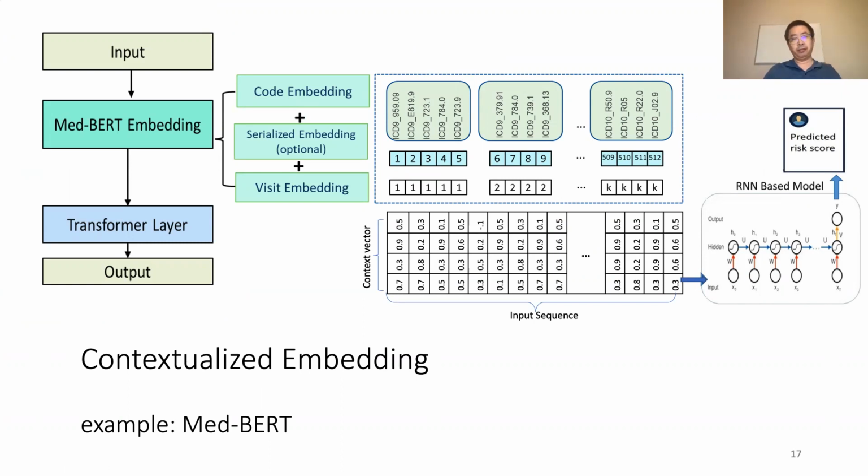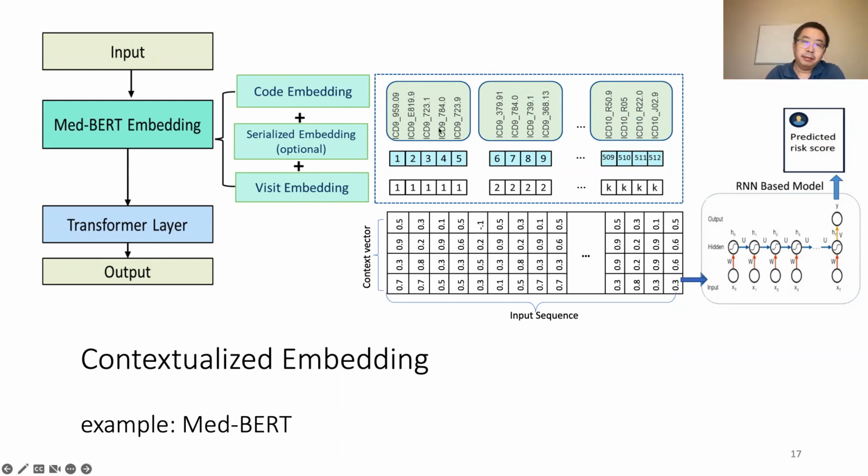The architecture, basically, for the input, we first have a layer for static embedding, and in addition to the code static embedding, we also add a serialized embedding representing the sequence information, and also the visit embedding, including some sort of semantic unit.